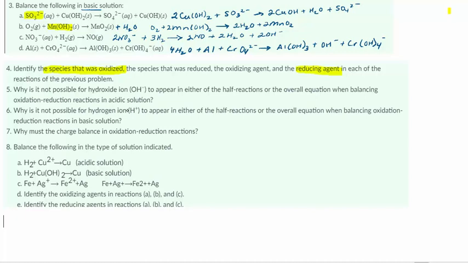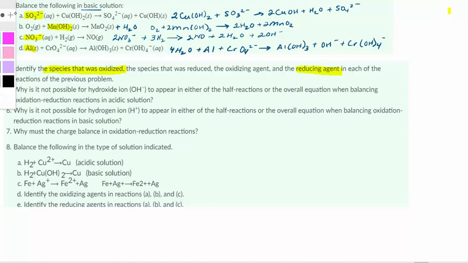When we wrote out the half reactions, the electrons were on the product side. In C, it's the anion, and in D, it's the aluminum. Now, again, you can double check these by going back through, see how the aluminum has an oxidation state of 0 on the reactant side for D. On the product side, aluminum has an oxidation state of +3, so it must have lost 3 electrons.